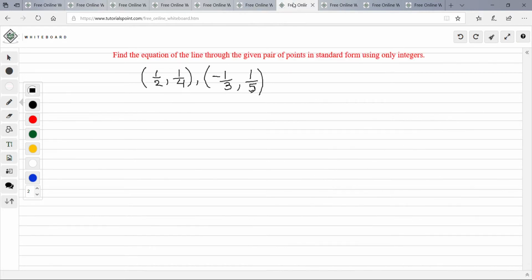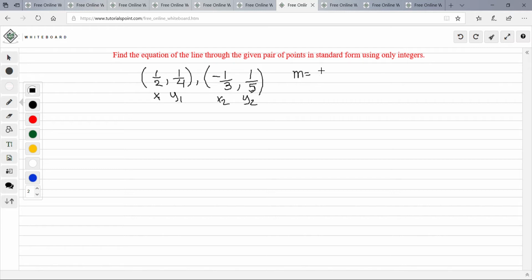So first what I'm going to do is I got to find slope. So to find slope, I got to label this x1, y1, x2, y2. So I'm going to put m around here.